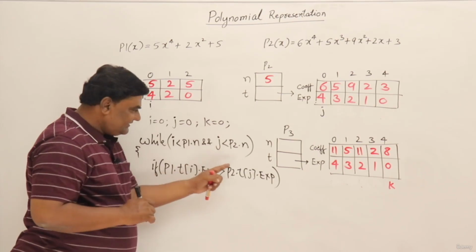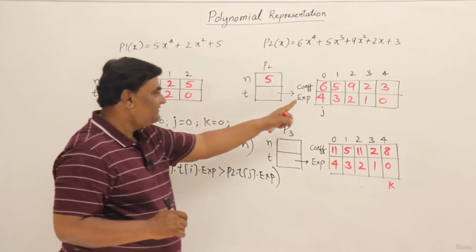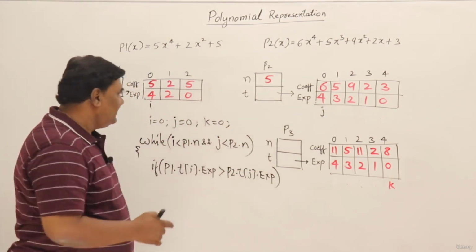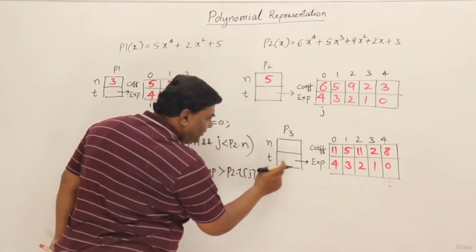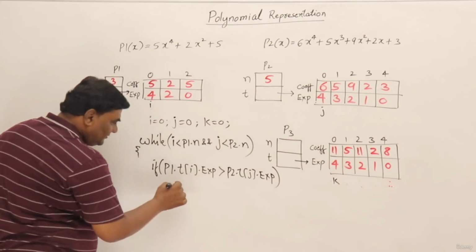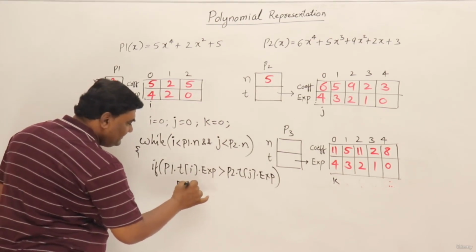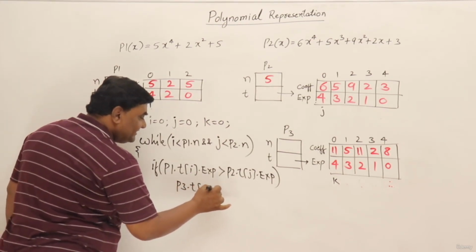If this is greater than that one, means this is greater than this one, if suppose, then copy this one as it is in P3's t of k. So P3's t of k plus plus also.